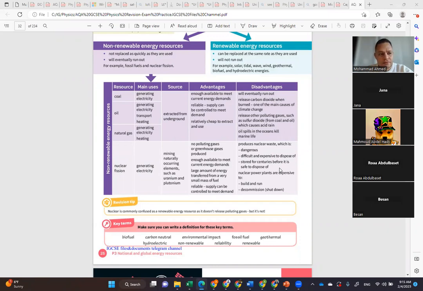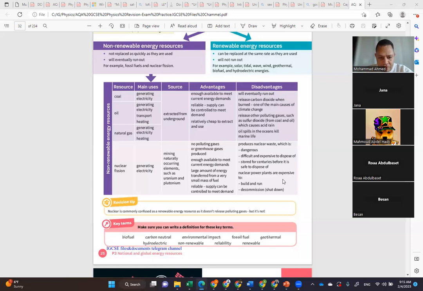So there is no farm there. The soil itself still suffers from the nuclear waste. So nuclear power plants are very expensive to build and run and to shut down. So this is the disadvantage of nuclear fusion.